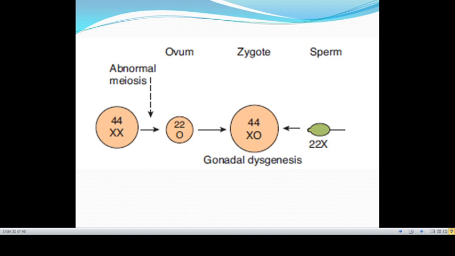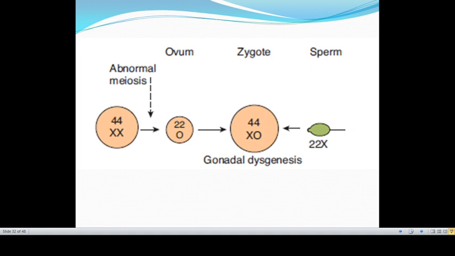This figure shows that the ovum did not receive the X chromosome from the mother. Therefore, the fertilized zygote has the 44XO chromosomal pattern. O means 0.